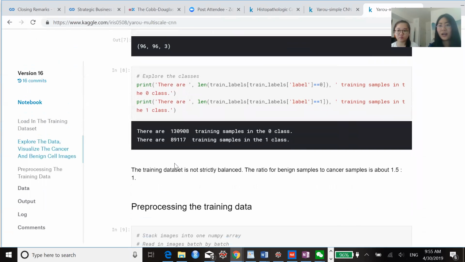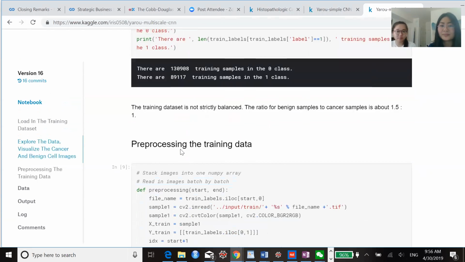Looking at this training sample, we can find out there are a total of 139 cells, and there are 89,000 cancer cells. This data set is not very strictly balanced, but the ratio is okay, so we will just use the data in its original format.